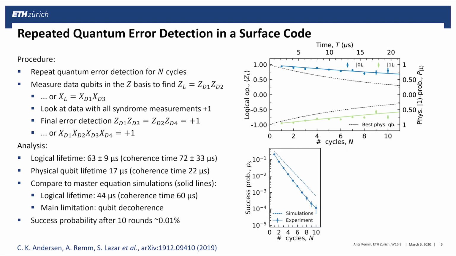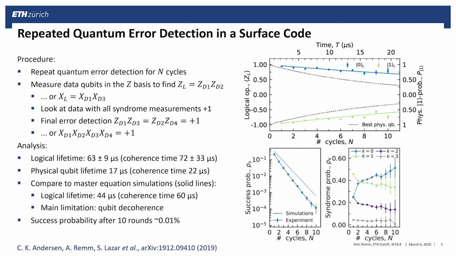Because we only look at the data where all the syndrome measurement outcomes were +1, at each round we have less and less data. After 10 rounds, only about 0.01% of the data remains. This is also the reason why we did not look at larger number of cycles.